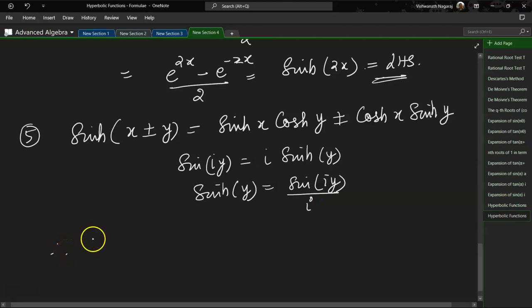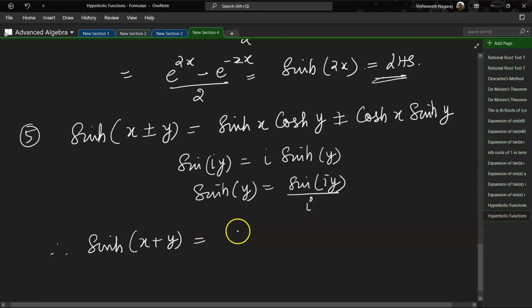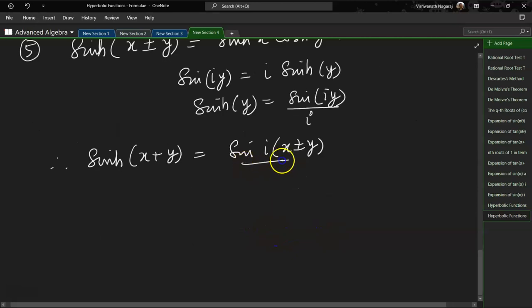Okay, let's keep that in mind. Now what we'll do is we will take the left hand side, hyperbolic sine of x plus or minus y, and convert it into normal sine. So this will become sine i times x plus or minus y by i. We know the identity for this, but let me take one more step.